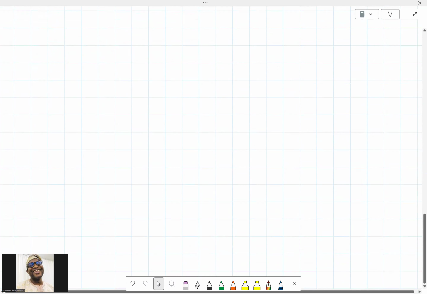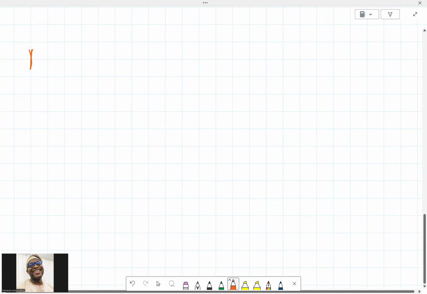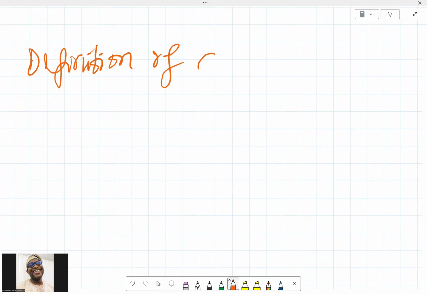So let's look at the definition of Green's function.